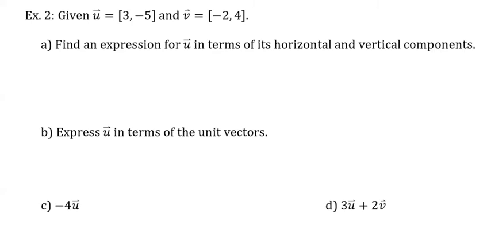So if vector u is 3, negative 5, writing it out in its horizontal and vertical components would be 3, 0 plus 0, negative 5.